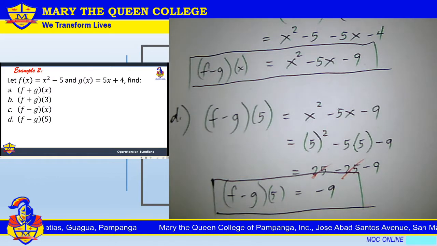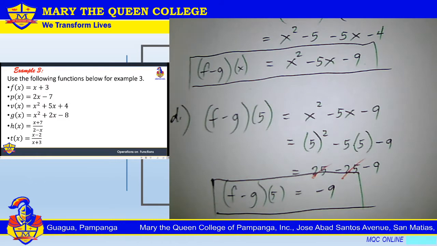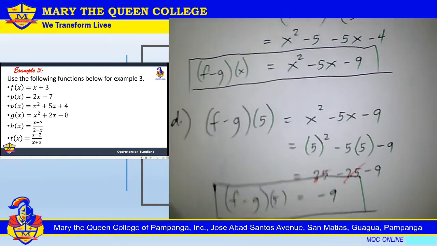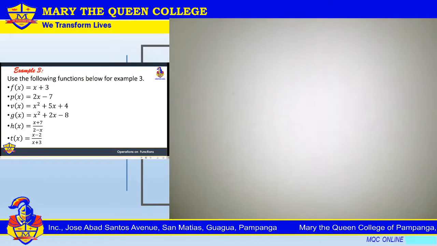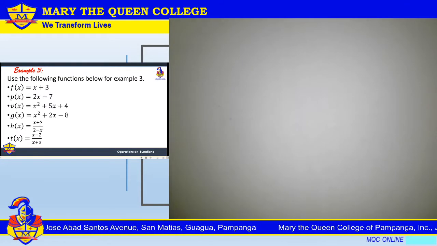Okay. For number 3. Okay? So use the following functions below for example number 3. Okay? So you may copy the following para magkaroon kayo ng guide. So use the following functions below for example number 3.